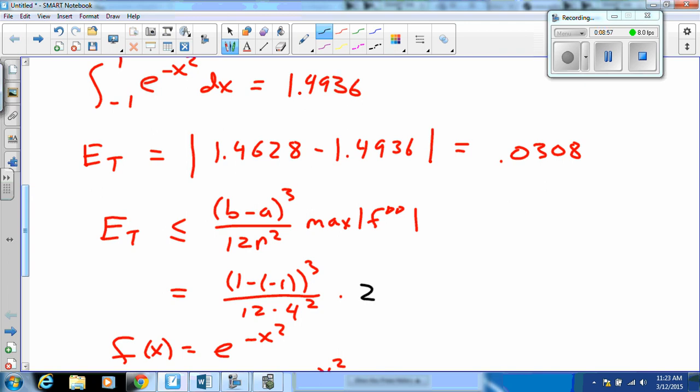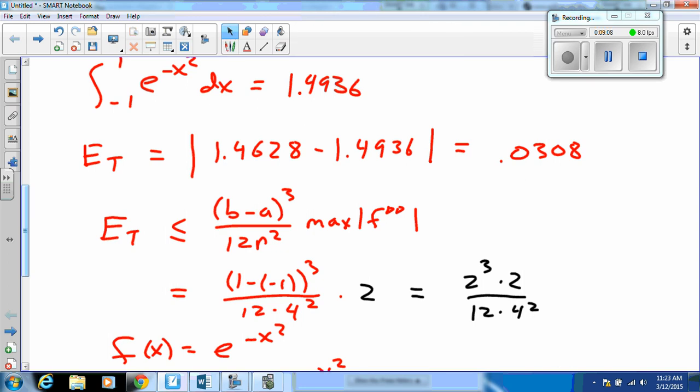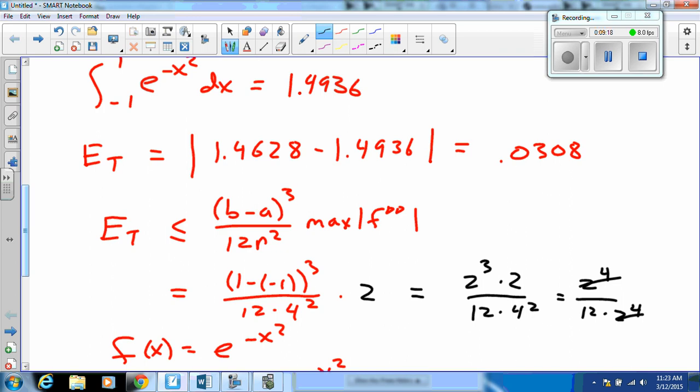And I come back and I plug in 2 for that max, and I can now simplify this whole thing as 2 cubed times 2 all over 12 times 4 squared. And I can be fancy with it. In fact, I think I will, because 2 cubed times 2 is equal to 2 to the 4th. And 4 squared is 2 to the 4th also, so those cancel, and I get 1/12 as my error bound.